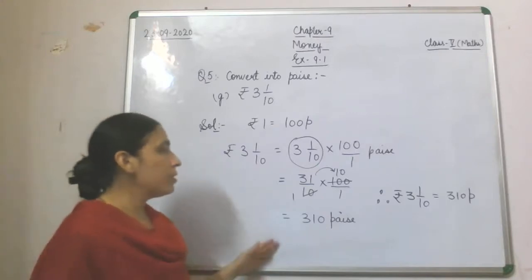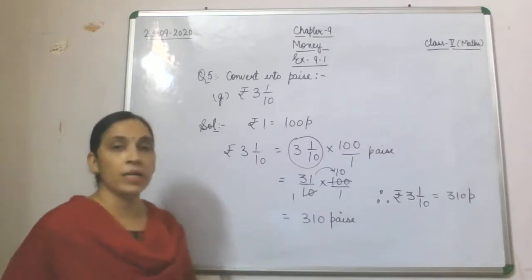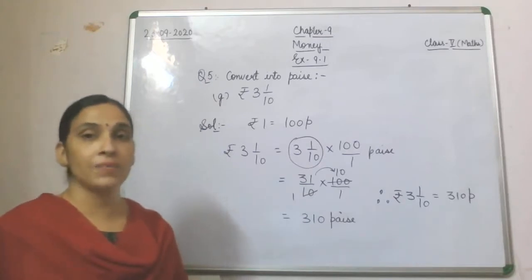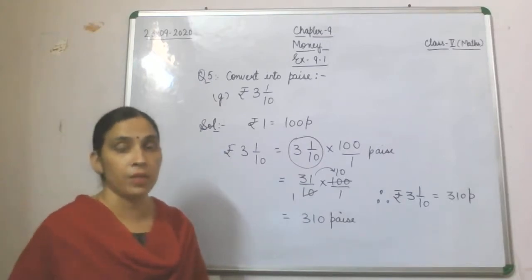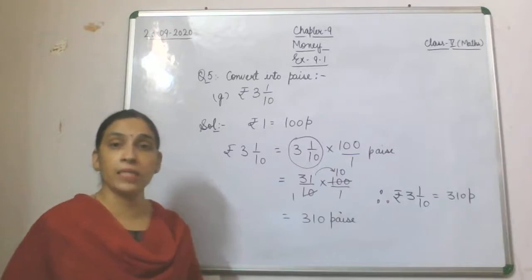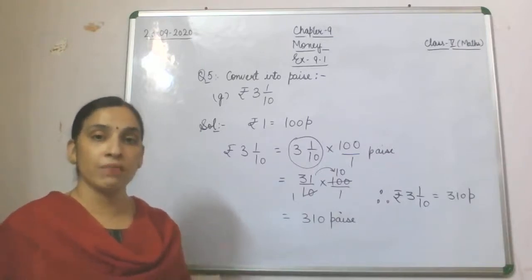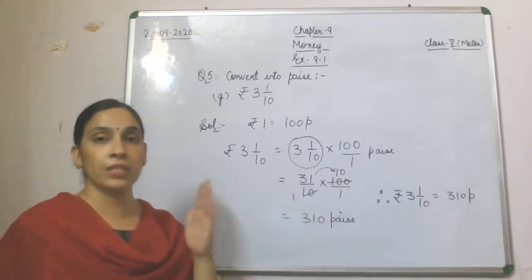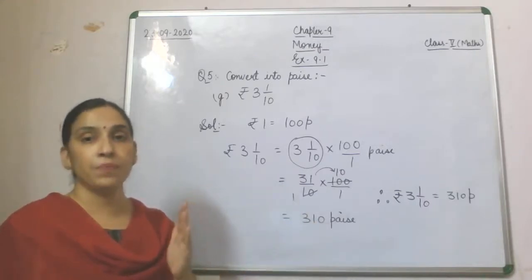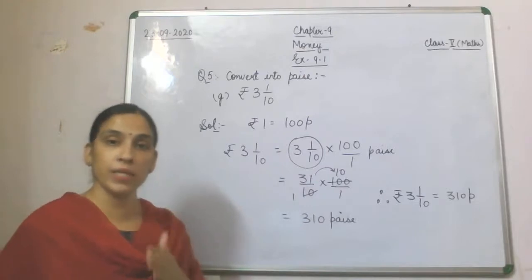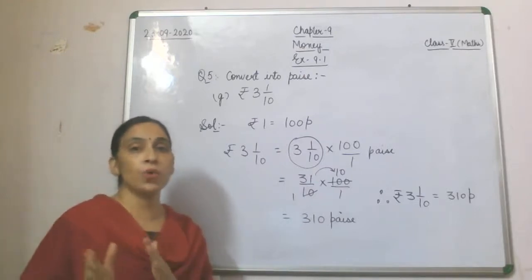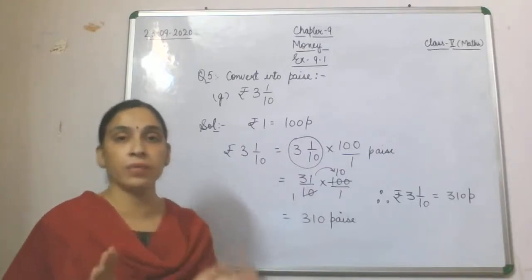So whatever solution is required, that is same as we have done in the fraction chapter. Actually, if you see in maths, in your class 5, the concept of fraction, then decimal, then measurement, then percentage, all these concepts are interlinked with each other.